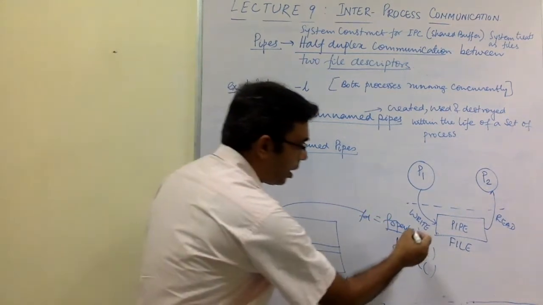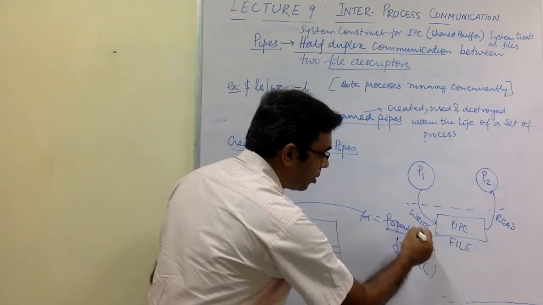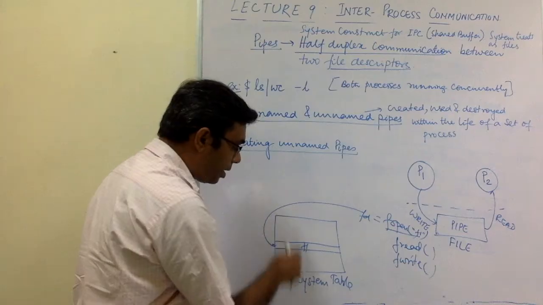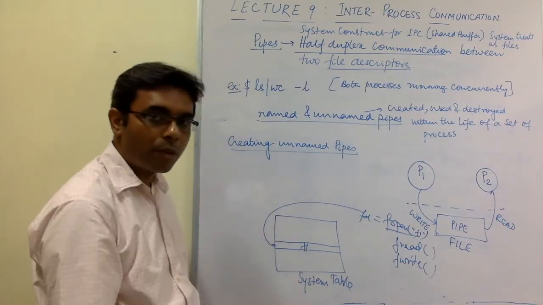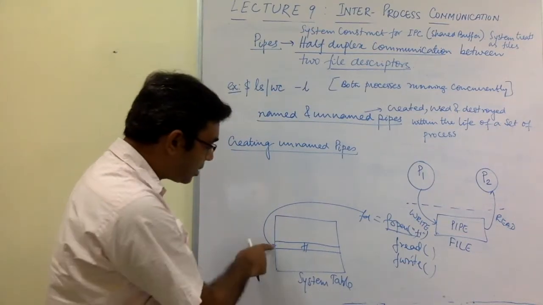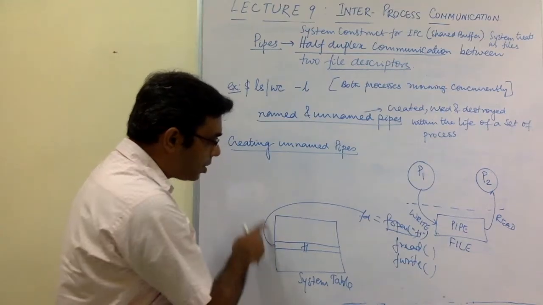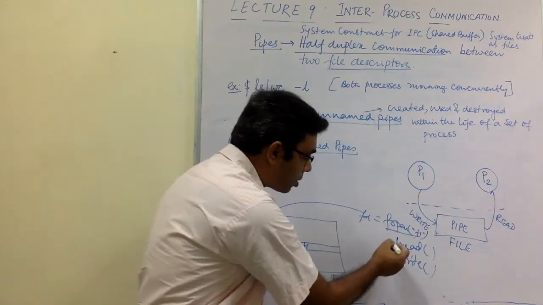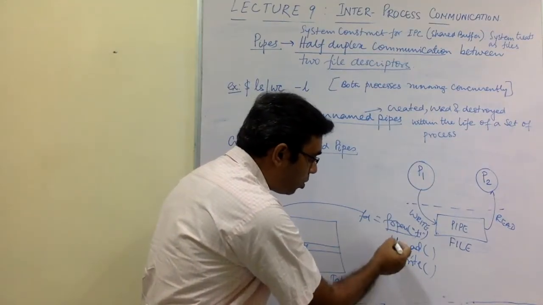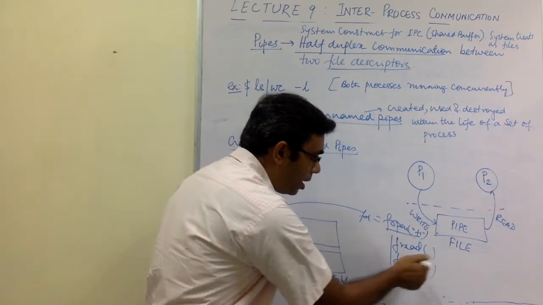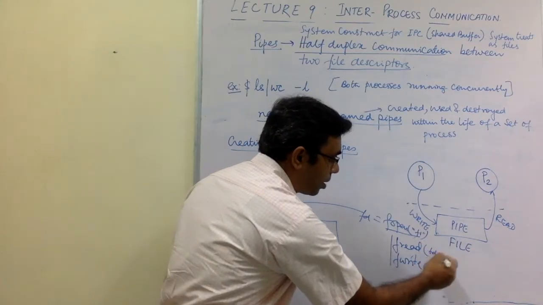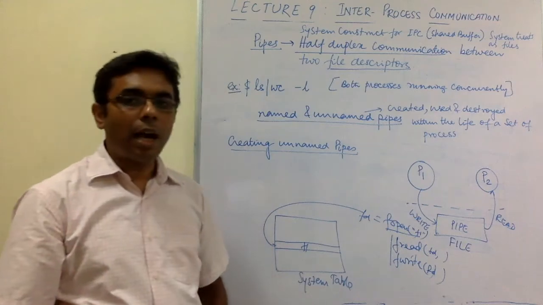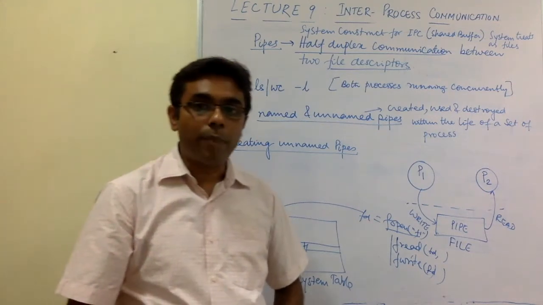So whenever a file, let's say F1, is created, its entry is created in the file descriptor table maintained by the OS, and the index of that is returned as the file descriptor. Hence all operations related to the file, whether it is fread or fwrite, need this file descriptor. And that is exactly how pipes are also dealt with by the system.